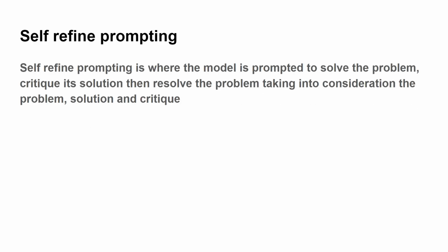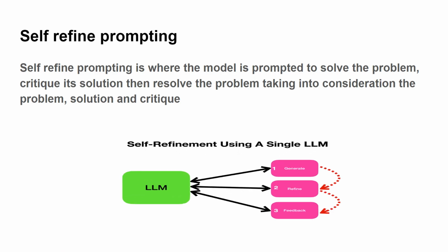Self-refined prompting. Self-refined prompting is where the model is prompted to solve the problem, critique its solution, then resolve the problem by taking into consideration the problem, solution, and critique.